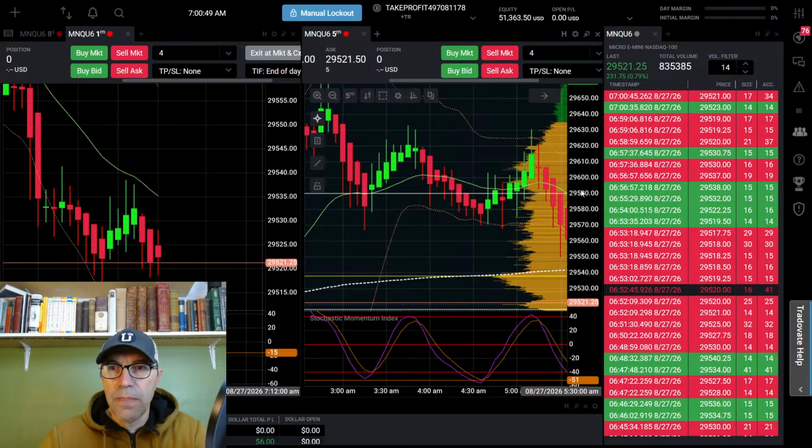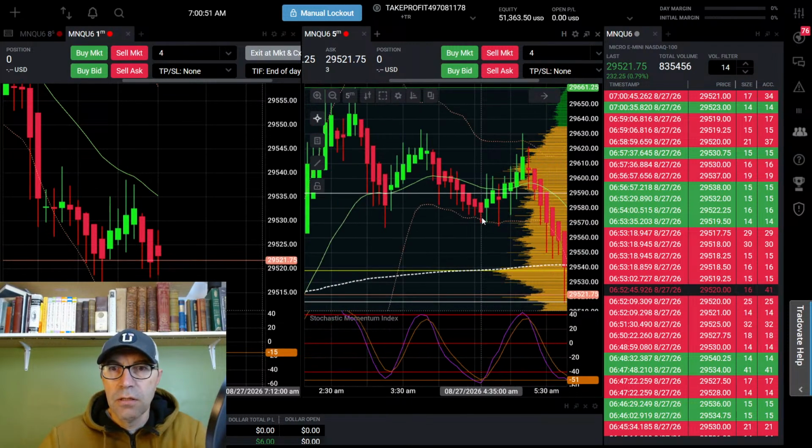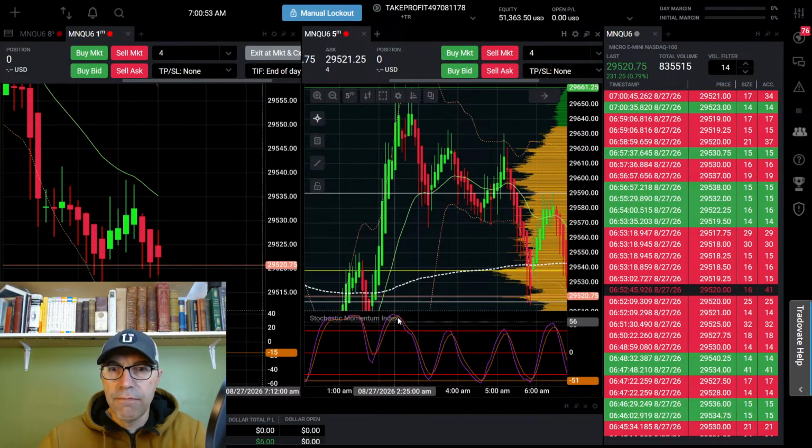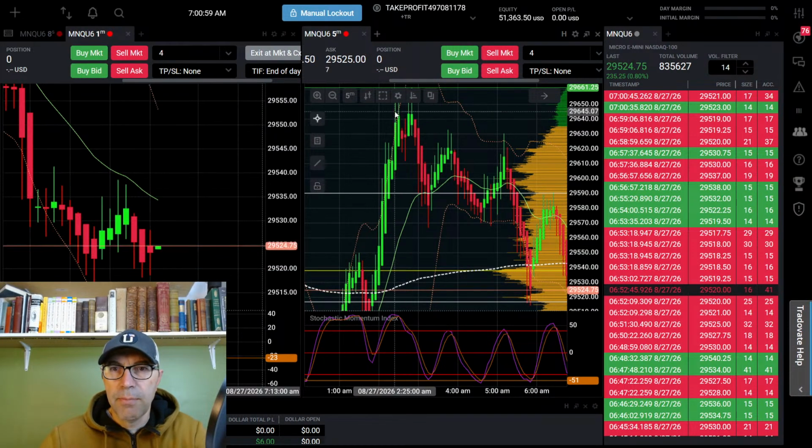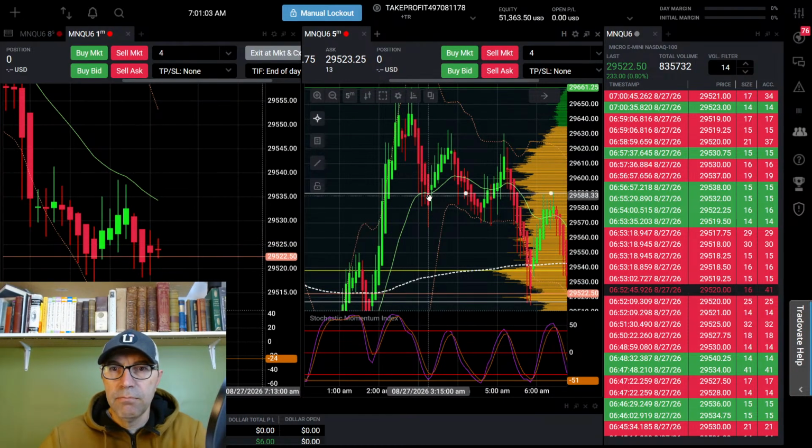So, for instance, on this particular case, as you look, every time that the momentum crossed over, the price move has happened. So it crossed over at 2:30 a.m. We had a move down to the downside.